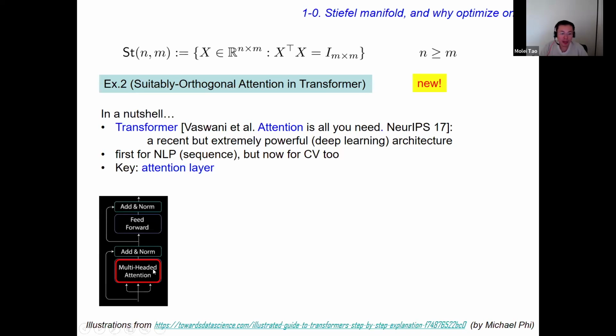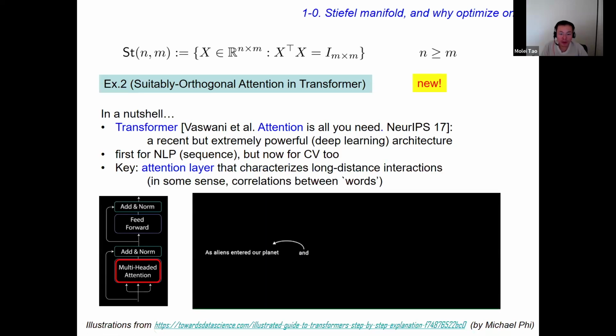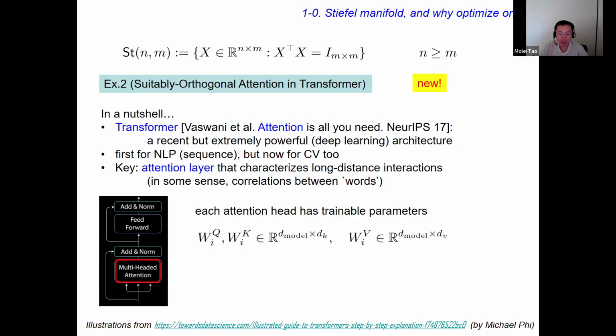You have this multi-headed attention mechanism, which sort of characterizes the correlations between tokens in your sentence, in your prompt. They can characterize long-range interactions, and that's why you have a long reference window, roughly speaking.